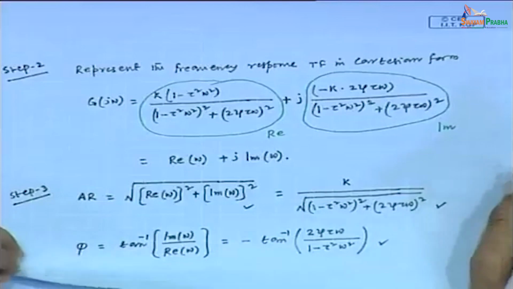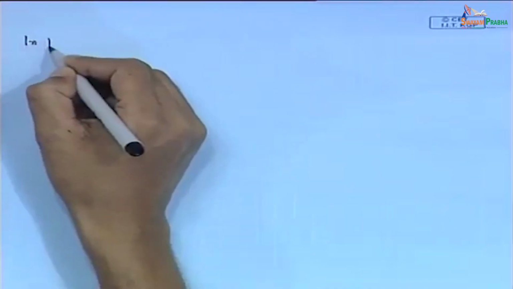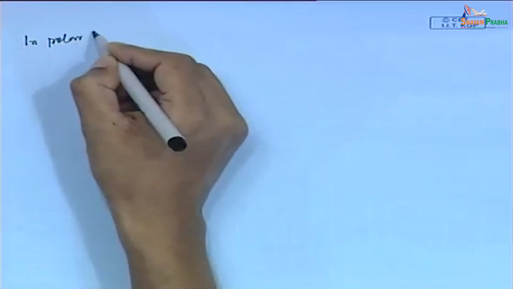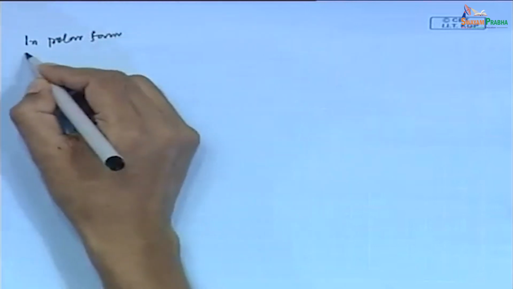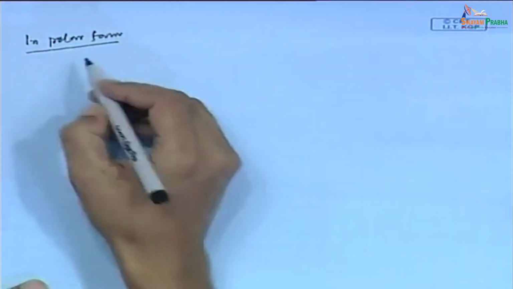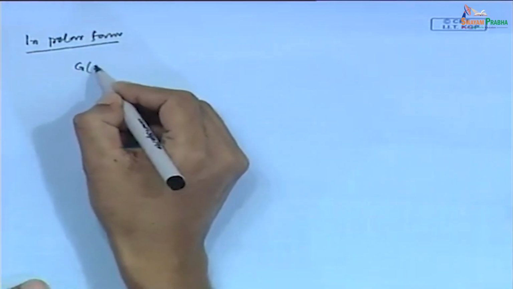Now, we will represent the frequency response transfer function in polar form for finding the expressions for amplitude ratio and phase angle phi.